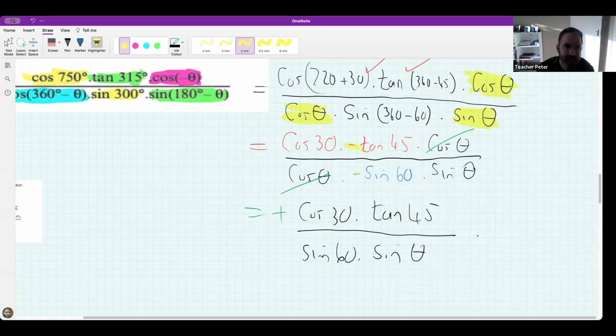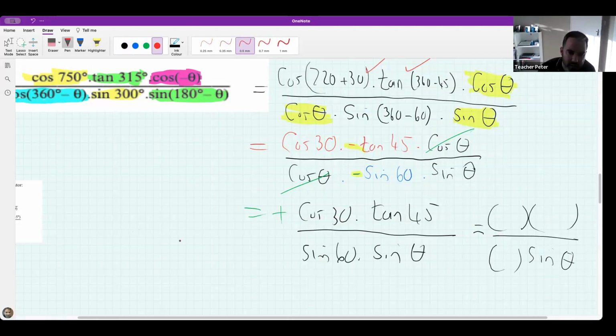And all I need to do now is fill in the missing things that can be substituted in. The sine of theta has to stay because that's not a special angle. But for these other ones, I need some special triangles. So I get 45, 45, root 2, and then I've got 60, 30, 90, and I need to know that's 1, root 3, 2.